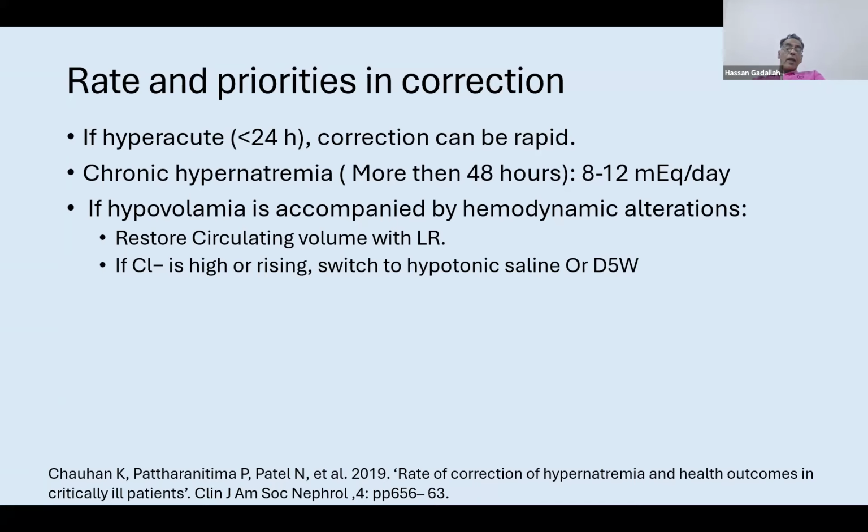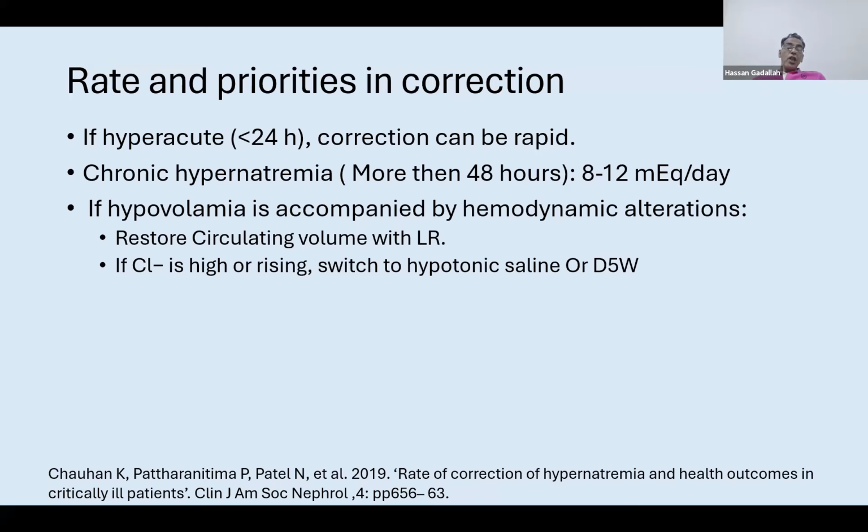If the hypernatremia is accompanied by hypovolemia, examples being diabetic ketoacidosis and hyperglycemic non-ketotic coma, usually such patients come with hypovolemia because of excessive loss of both sodium and water, but water in excess of sodium, so they come hypernatremic.